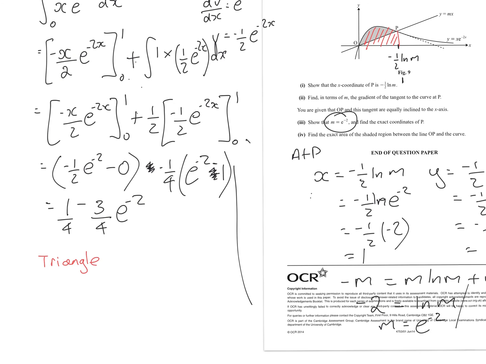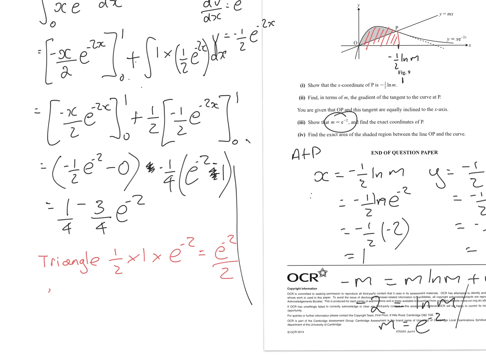The triangle is a half the base, which is 1, times the height, which is e to the power minus 2. So the area of the triangle is e to the minus 2 over 2. So we've got to take a half of e to the minus 2 off that.